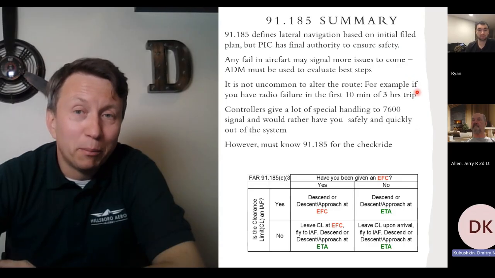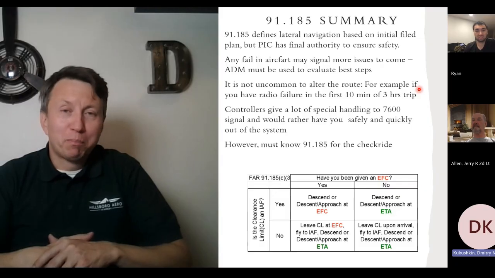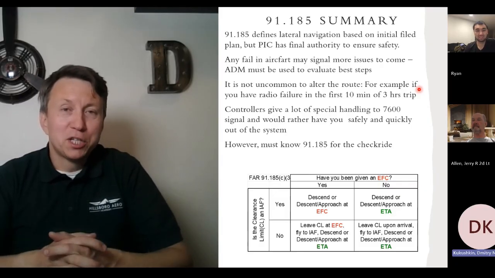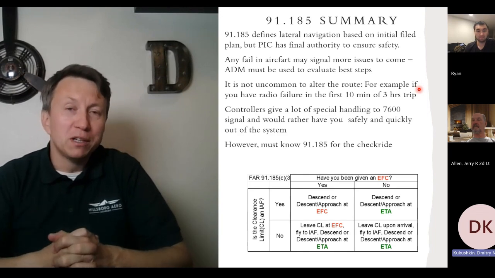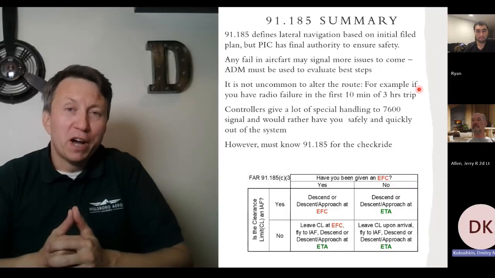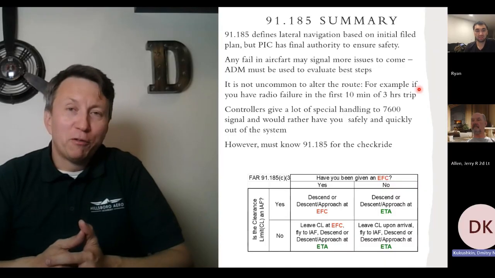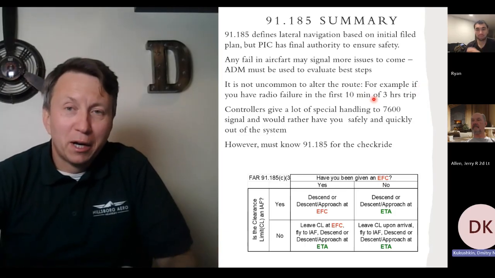Now, another example: let's say we file to Sacramento. You go from Twin Oaks, and the ceilings were maybe 3,000. You climb to 4,000. You were told to expect 5,000. The whole Oregon to California is in the clouds. Would you really fly 10 hours?